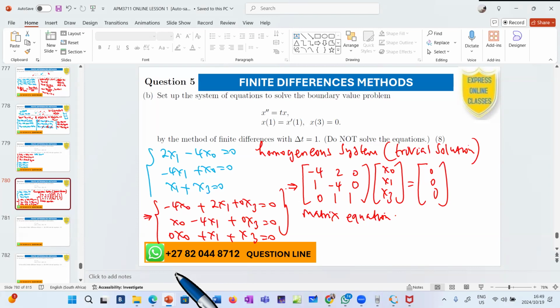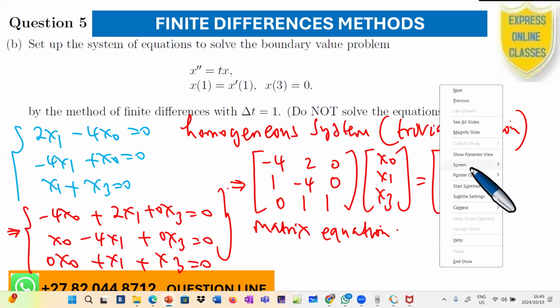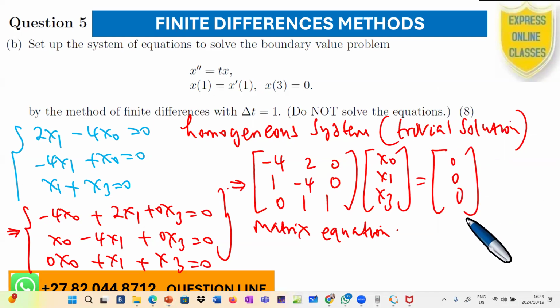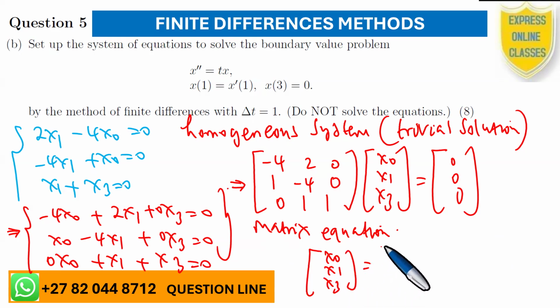So according to this, we have already solved this particular system. What we are seeing is therefore that x0, x1, x3, Octave is giving 0, 0, 0. So this one is an Octave solution.